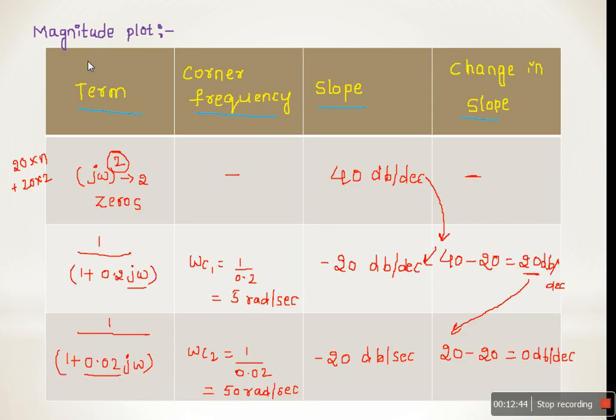So go back to the plot. Here the lowest corner frequency is 5 radians per second and the highest corner frequency is 50 radians per second. So in order to draw the magnitude plot, we have to choose some FL value that must be less than 5 radians per second, and we have to choose some FH value that must be greater than 50 radians per second.